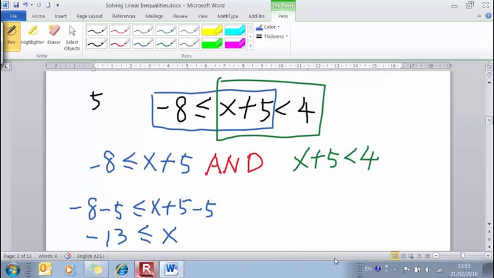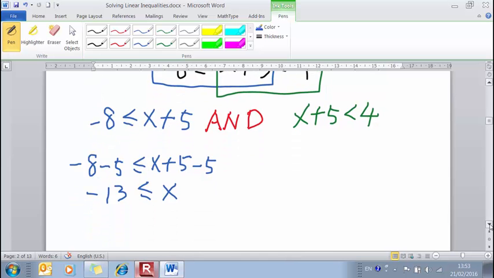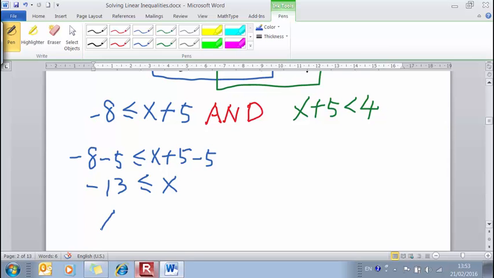Now we have negative 13 less than or equals to x. Let me write x on the left hand side, and I will just flip the inequality sign, and therefore the solution for the first inequality is x more than or equals to negative 13.